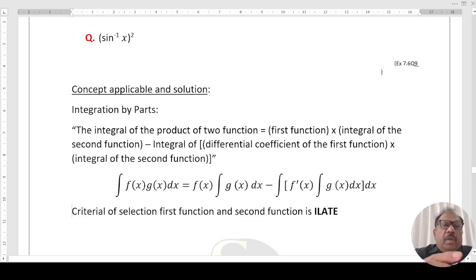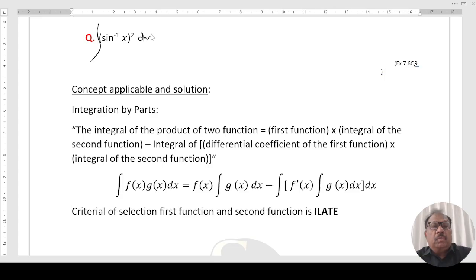Question is integrate sine of inverse x whole square dx. Question is taken from NCERT Exercise 7.6, question number 9. Concept, applicable and solution. This is a question of 5 parts. For 5 parts, essential condition is 2 functions should be there.